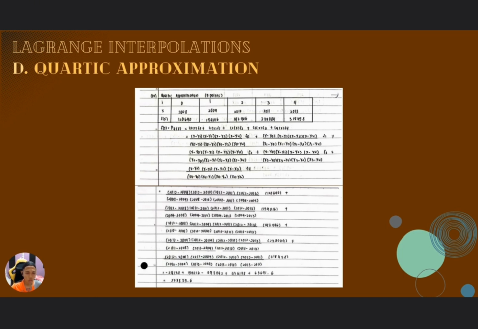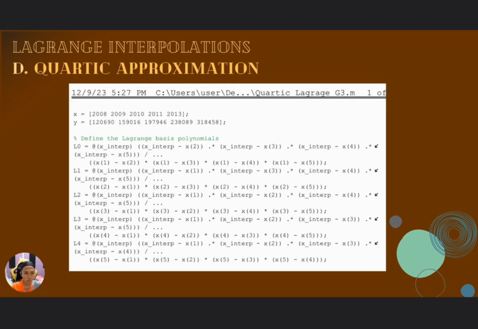For the quartic, we got here 5 points, which is also the same, only a different formula we need to substitute. And lastly, we get 278,855.6. We go straight to the MATLAB command, which is quite different from before.